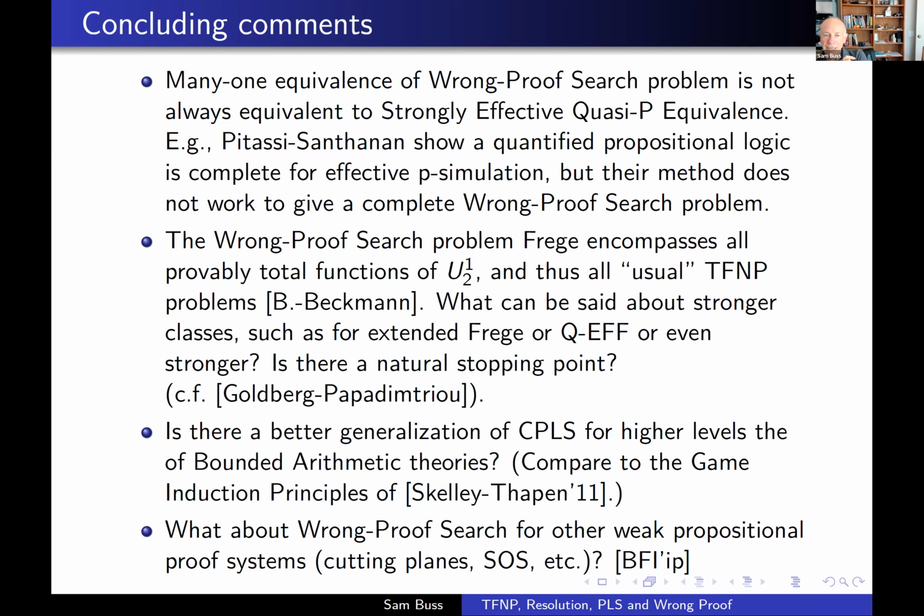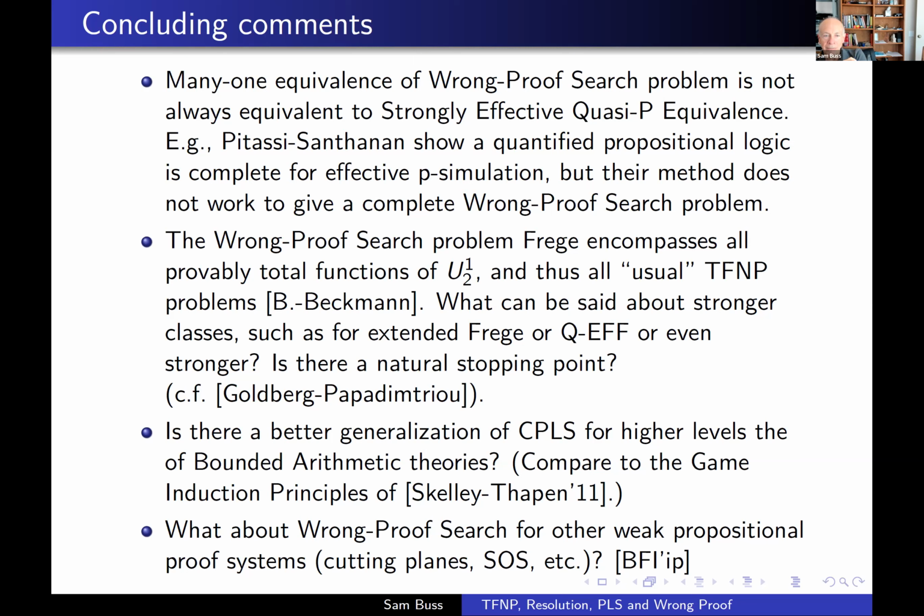But what can you say about stronger classes for extended Frege, which corresponds to V^1_2 or Q_EFF from Goldberg and Papadimitriou, or one could certainly envision stronger propositional proof systems beyond that. And is there some natural stopping point up there where it doesn't make sense to get stronger, or does more and more interesting stuff happen as you get stronger?